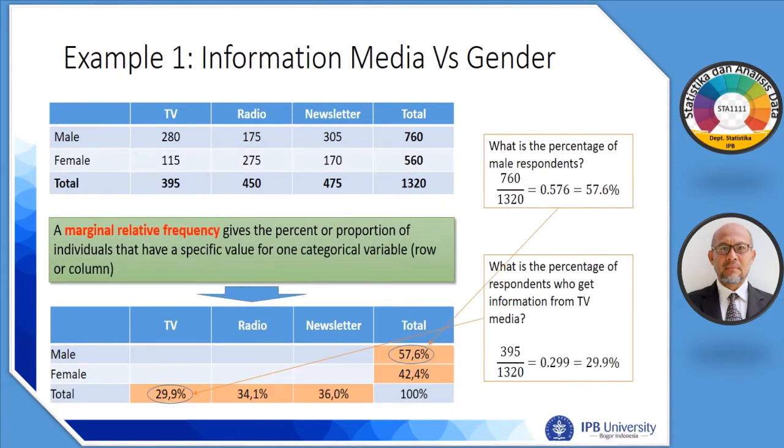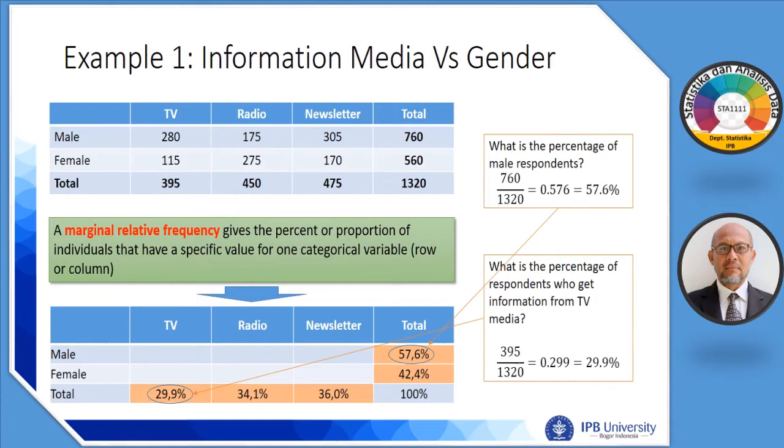Okay, now it's still the same contingency table, but we are talking about marginal relative frequency. A marginal relative frequency gives the percents or proportions of individuals that have a specific value for one categorical variable, row or column. So look at the table above.